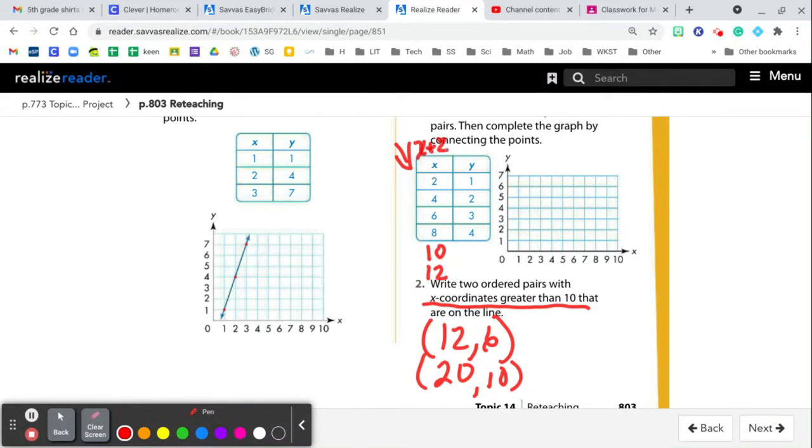And the y rule would be y plus 1. So we could have 10, 5, but that wouldn't be greater than 10. So how about 12, 6, 14, 7, 16, 8, and so on.